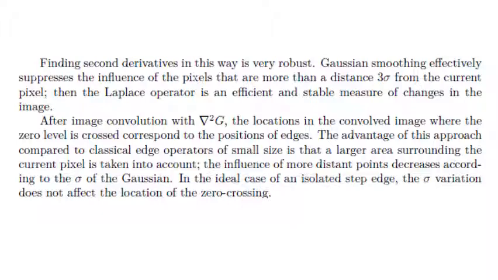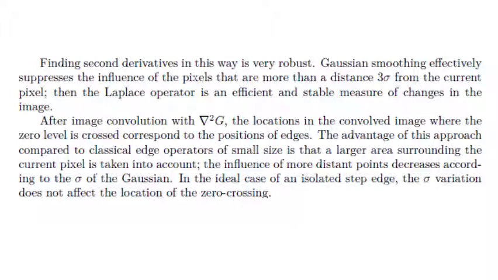The advantage of using the LoG operation, compared to the classical operator of small size, is that the larger area surrounding the current pixel is taken into account. Even distant pixels are considered. But in the ideal case of an isolated step edge, the sigma variation does not affect the location of the zero crossing.